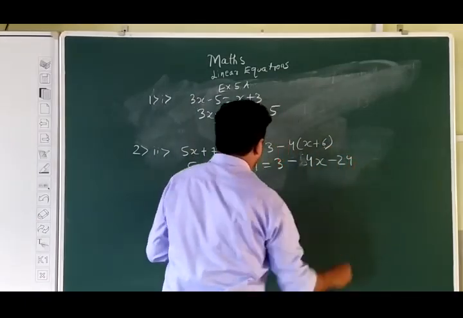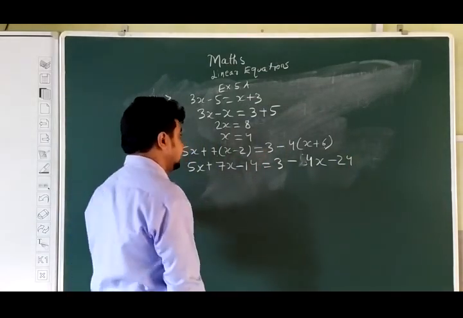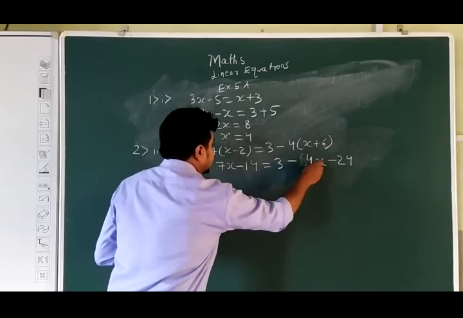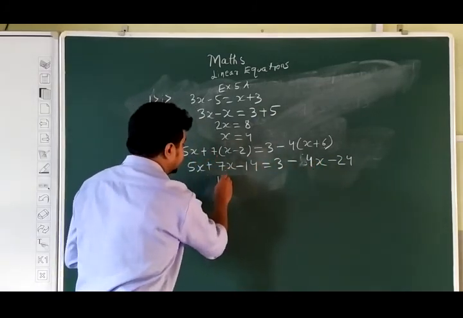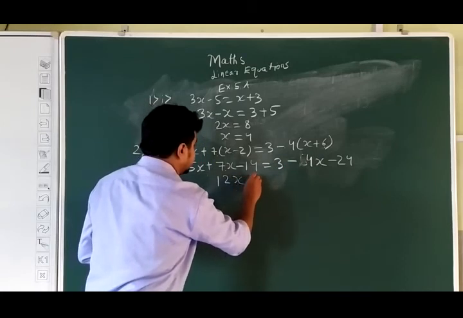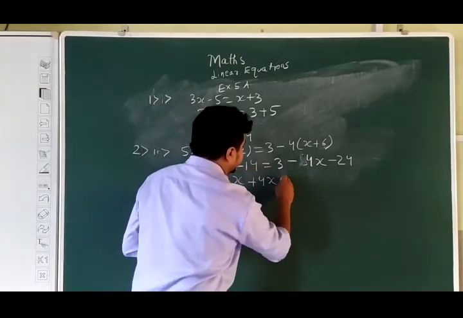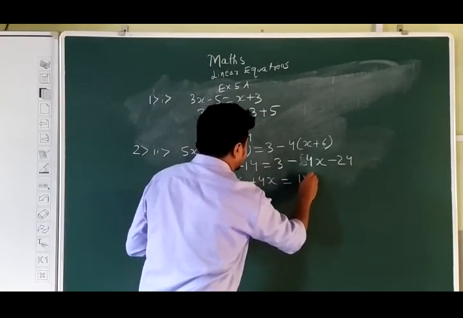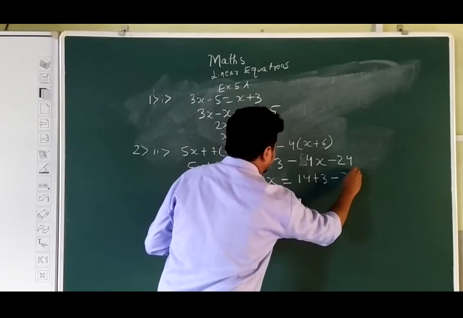We are getting. Now you have to think, we have to bring all the variables on the same side. This minus 4x I will be bringing to the left side. 7 plus 5 is 12x plus 4x. I am taking this minus 14 to the right side. It will become plus 14 plus 3 minus 24.